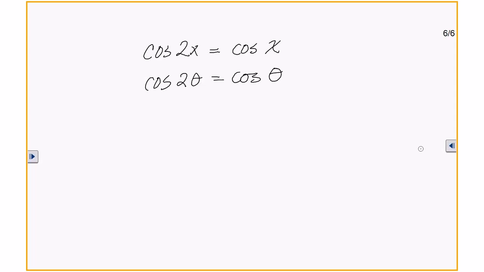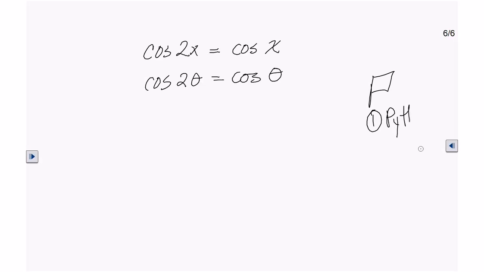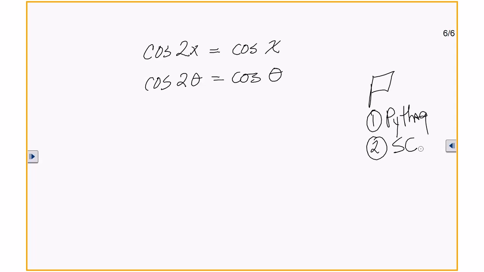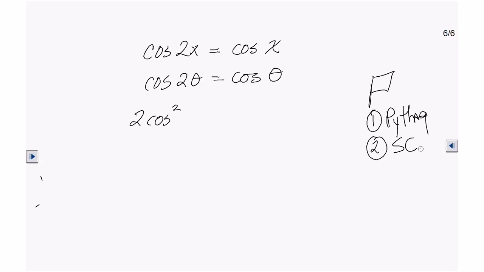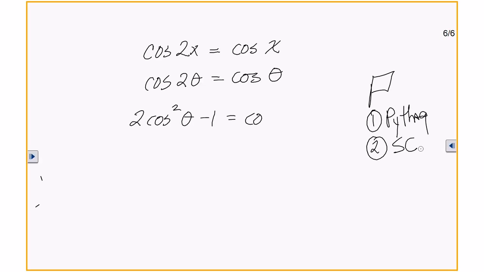Remember, there are 2 things you would like to see in these problems. What are they? The shortcuts. So that comes out to 2 cosine squared theta minus 1 is equal to cosine.